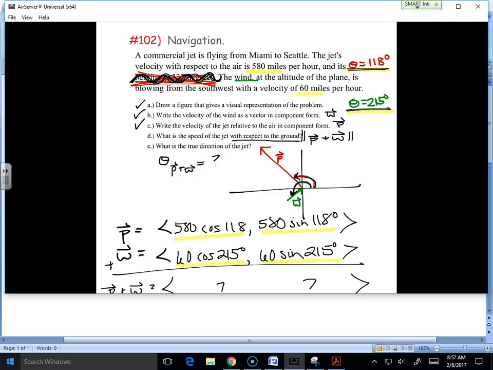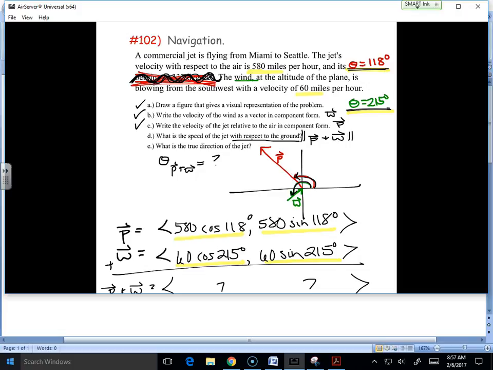That is a formula for a and b. a equals magnitude cosine angle, b equals magnitude sine angle. So all I had to do was steal stuff from the problem, like the plane is trying to go, the jet I should say, but whatever, the plane is trying to go 580 miles per hour, that's the magnitude. Its angle was 118 degrees, so I stole that. The wind, it said from the southwest.